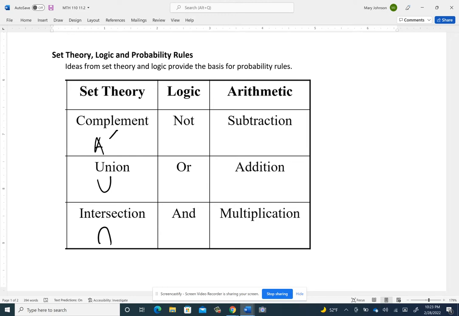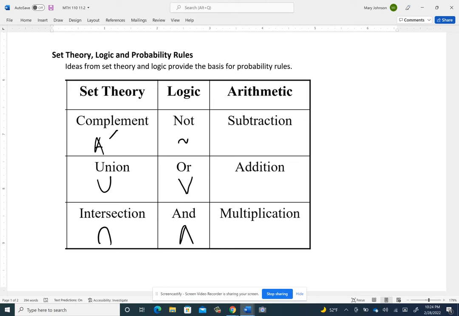And when we moved to logic, we knew that the or was like the sharp V that was opening in the same direction as union. Union and the word or kind of have the same meaning, just different contexts. And was a V upside down. And then not back with logic was that little squiggle, and it meant not, that you were going to negate a statement.